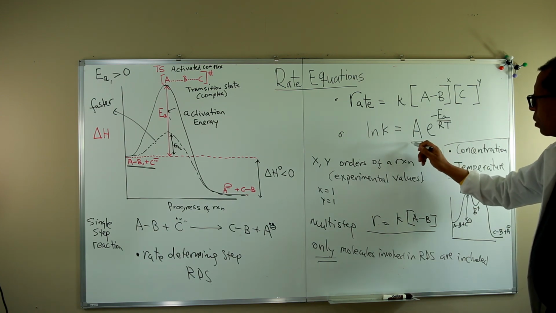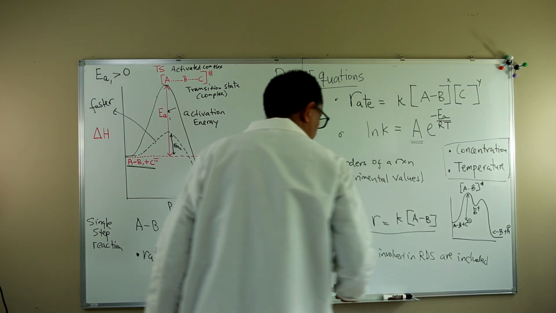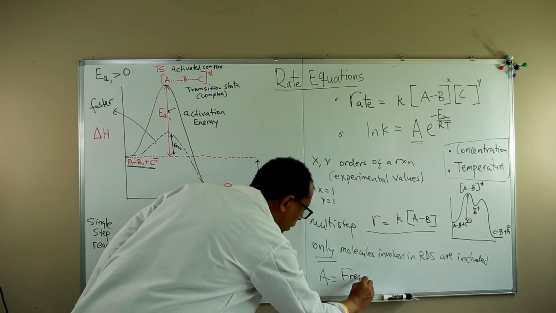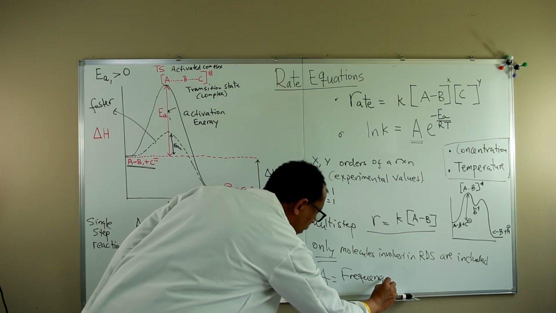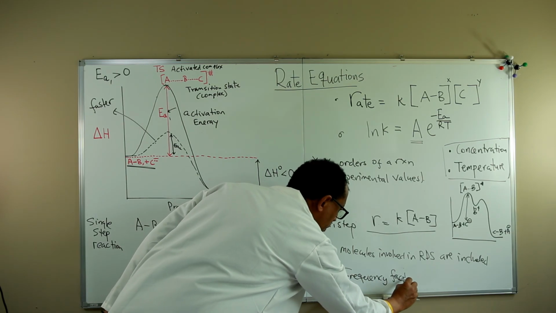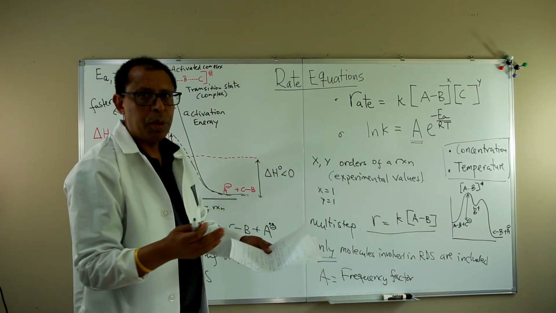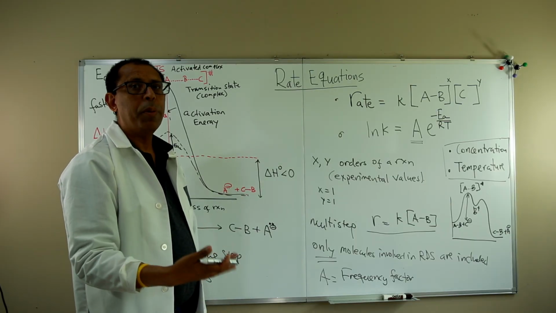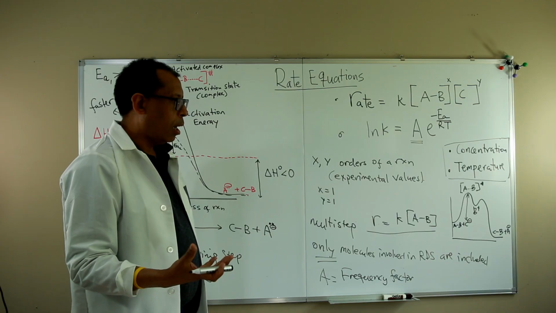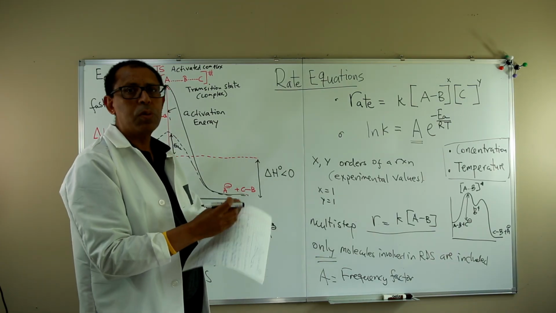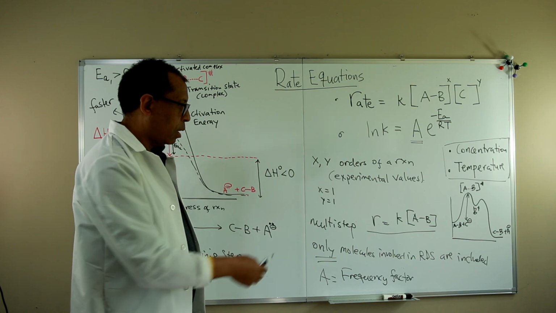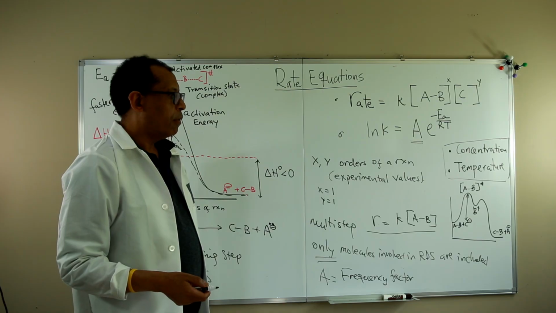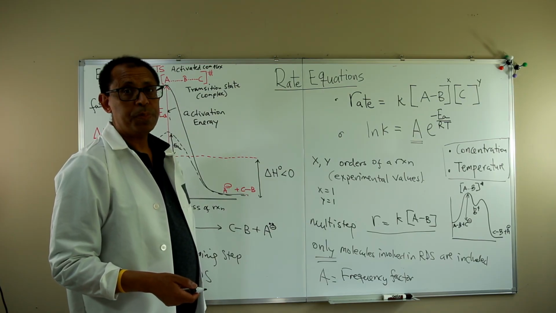This factor, which we call A, is the frequency factor, meaning how many molecules collide at a given time, the probability of how many molecular species are colliding to make that reaction happen. That's just a constant; for different reactions, a different frequency factor is included.